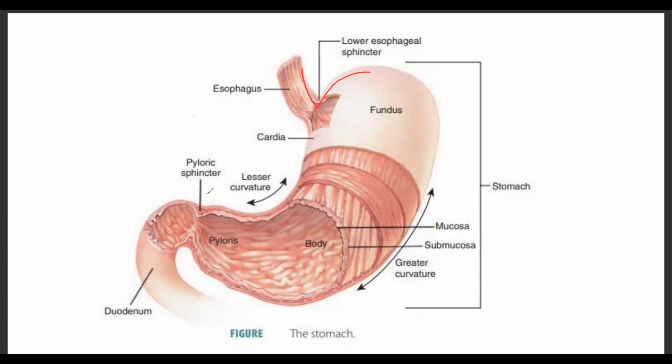Then the next point: the inner surface of the stomach is highly folded and contains a large number of pits. Then next point: each pit leads to gastric glands.